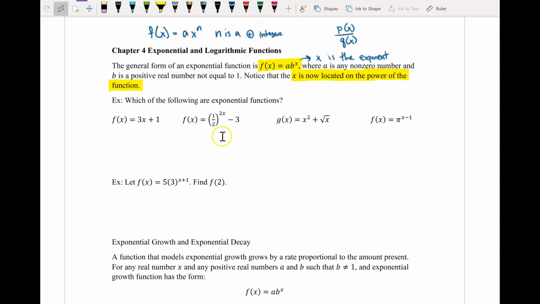All right. So which of the following would be exponential functions? What we're really looking for here is the x being in the exponent. So here, this is a linear function. So this is not exponential. The x is not to the power. So this is linear, it's not exponential.